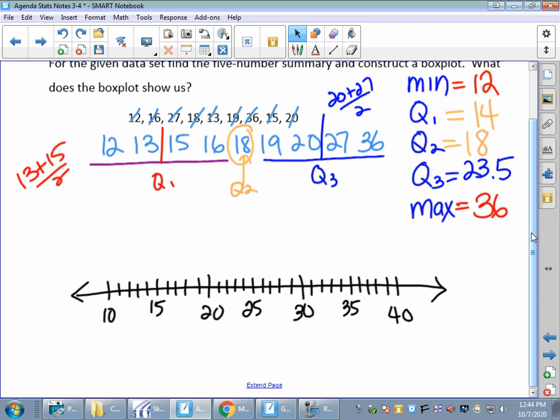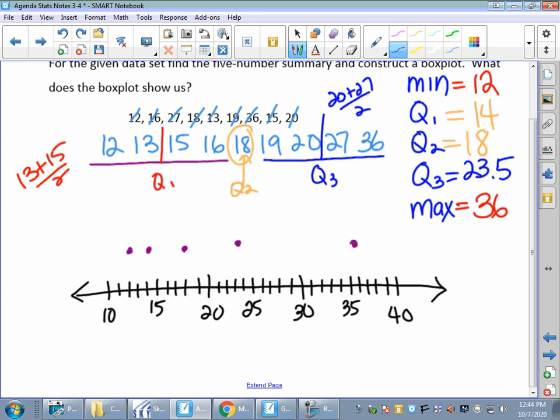So we're going to put a little mark for each one of our 5 numbers from our 5-number summary. So I need a little dot at 12, a little dot at 14, a dot at 18, 23 and a half, do the best you can, and 36.